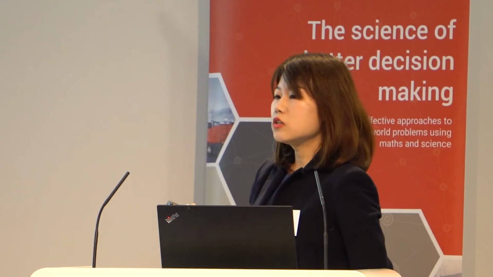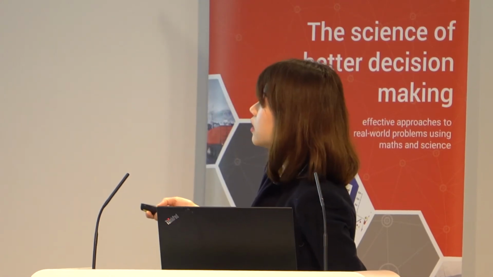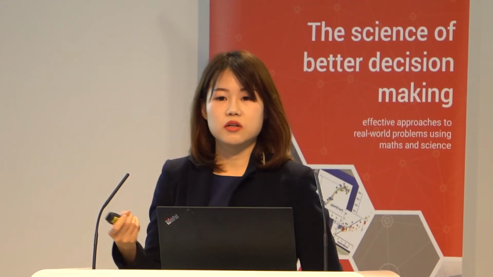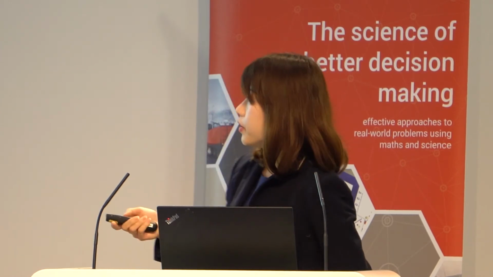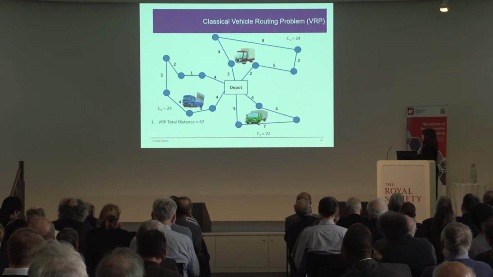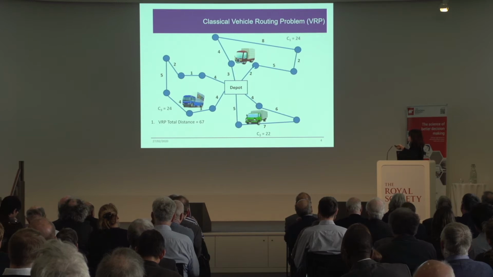The distance traveled by the vehicle is equivalent to the total time taken or the total cost of the routes. For example, in this illustration, we found 3 routes for these 3 vehicles. We can consider this number as the distance or the time taken for the vehicle to travel to the customer point.